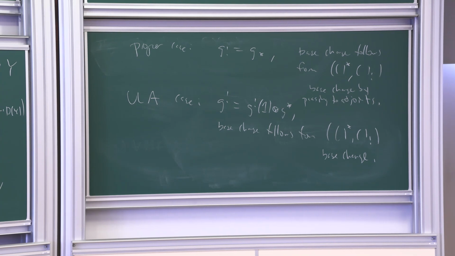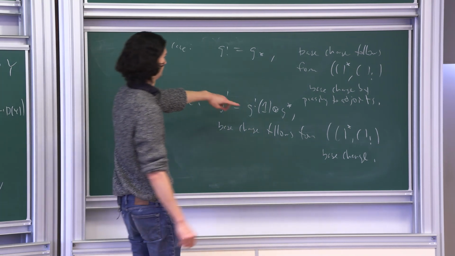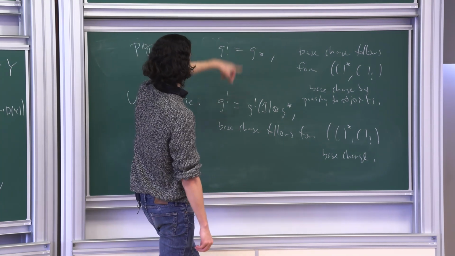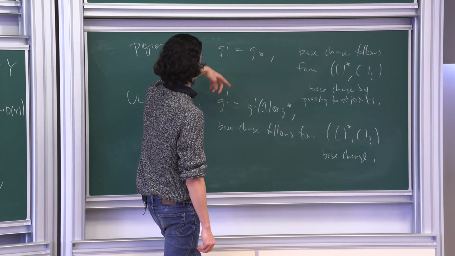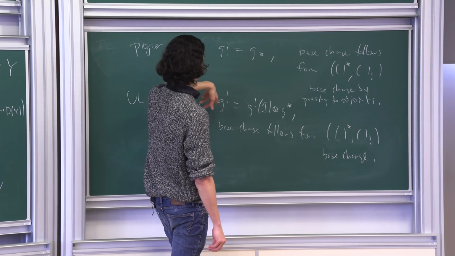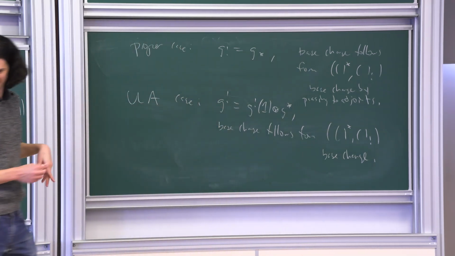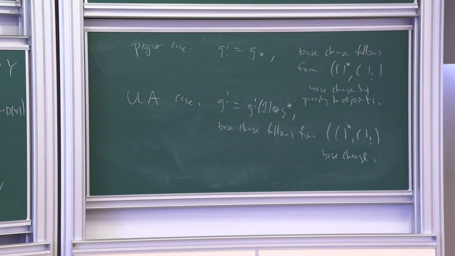You have to make sure that the two base change comparison maps, a priori two different ones, are equal, in order to conclude from one being an isomorphism that the other one also is, but okay.